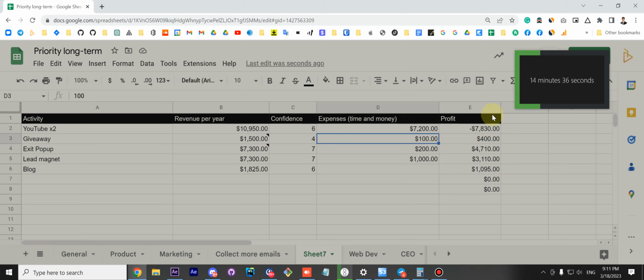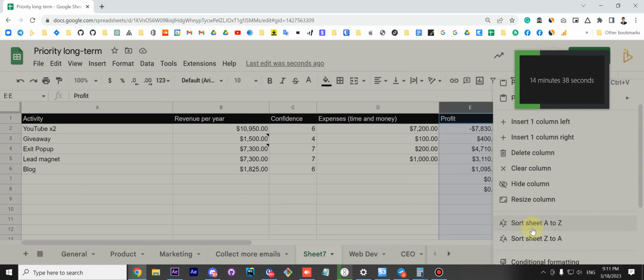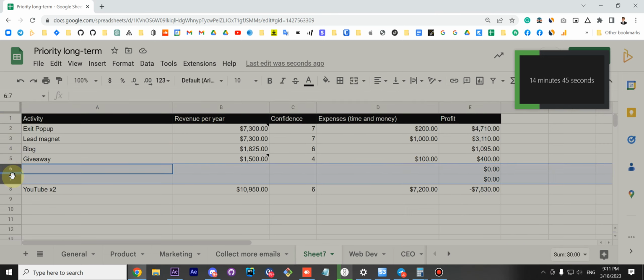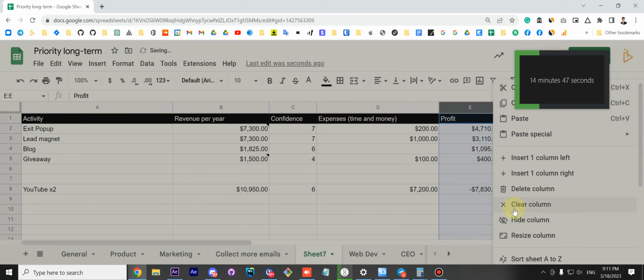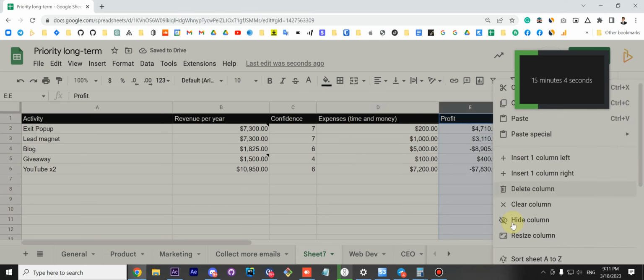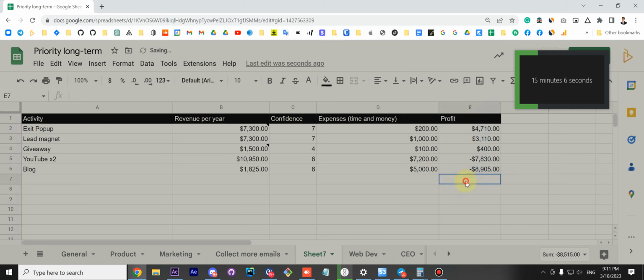And what I usually do, I just sort like this, and let's remove those two. Okay, and now we have a, yeah, blogging will also take maybe less than a video, but let's put 5 grand and just sort it again.